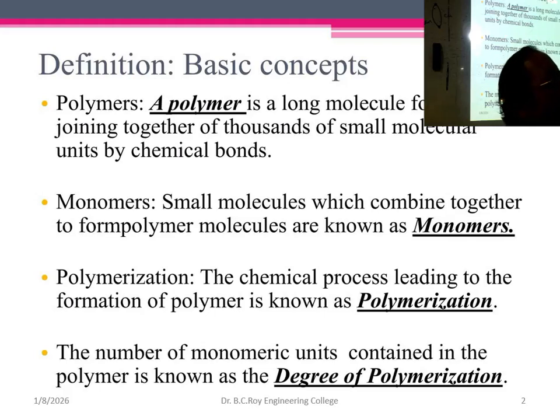After cross-linking, we get a very hard type of material. That is called thermoset. And what is the basic difference? Thermoplastic can be recycled. You can melt it again and again, okay, and remold it. But thermoset, once it is set ready for use, you cannot melt it again. You cannot recycle it. Thermoplastic can be recycled, but thermoset cannot be recycled.